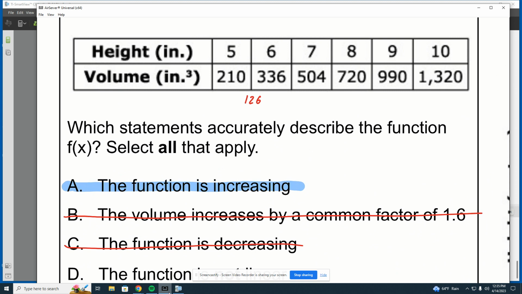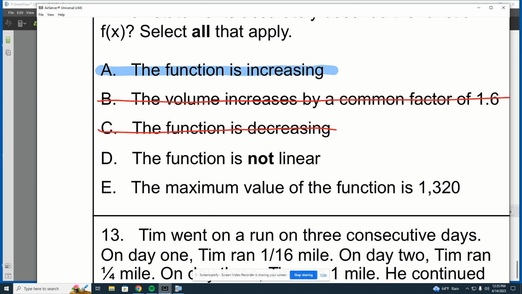Not 504, is it? So, is this answer, D, correct or not correct? It's correct, because linear means it's going up the same amount. This one's not. So it's true that it's not linear. It wasn't going up by the same amount every time.